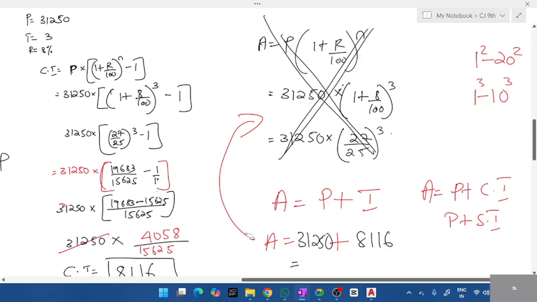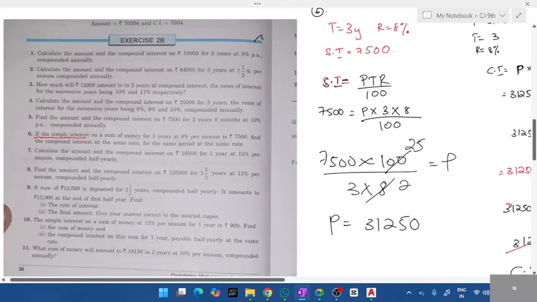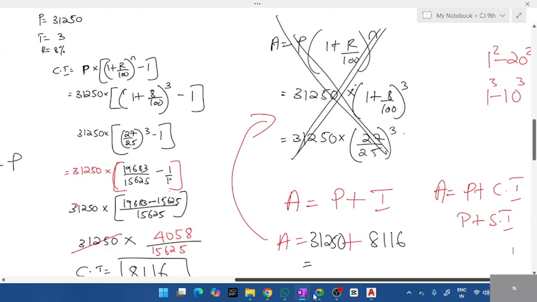39,366. Okay, in the question, what did they ask here? Did they ask about compound interest or amount or both? Look at the sixth question. Only the compound interest, right? So do we need to find the amount here? No. So read the question carefully, students.